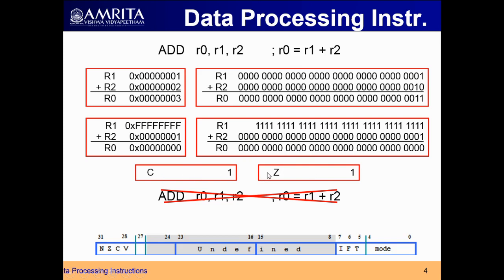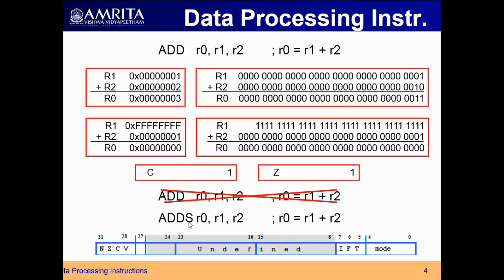So how will you update the flag? For that you need to write this instruction. What is the difference between the first instruction and this one? There is one additional S in this instruction. So if you are writing this S suffix to this instruction, then only the flags will be updated. So this S stands for status flag updation.